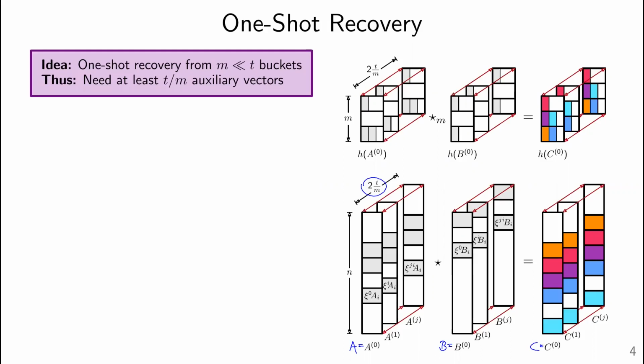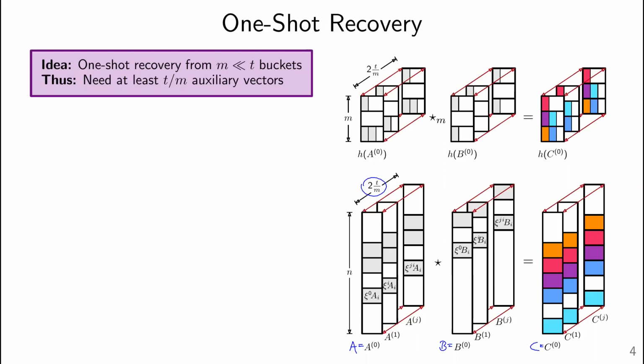Now the jth auxiliary vector is defined similarly by xi to the j times i, times ai. Maybe it doesn't make too much sense at this point why we pick the vectors in that way. So just think about the construction like this. We're trying in some sense to encode non-redundant information about A, B, and C into these vectors.